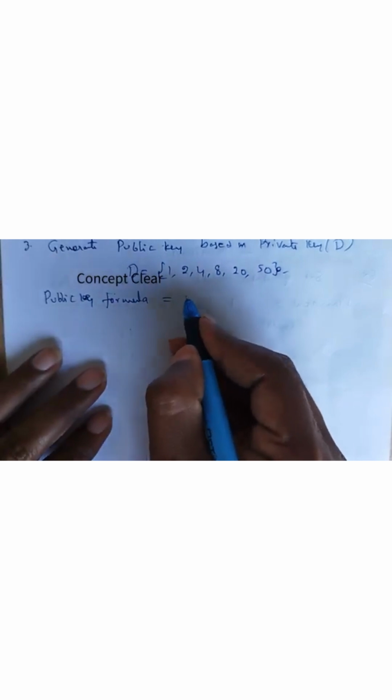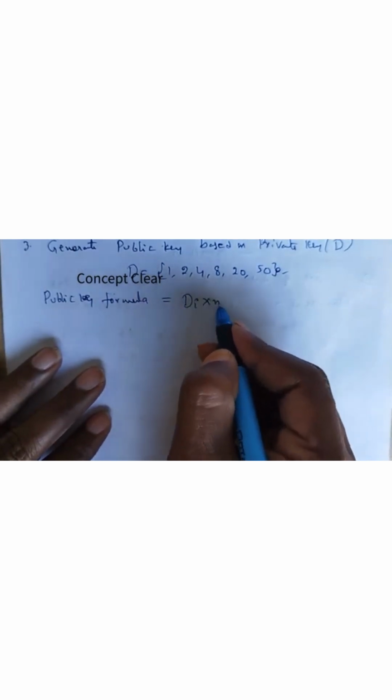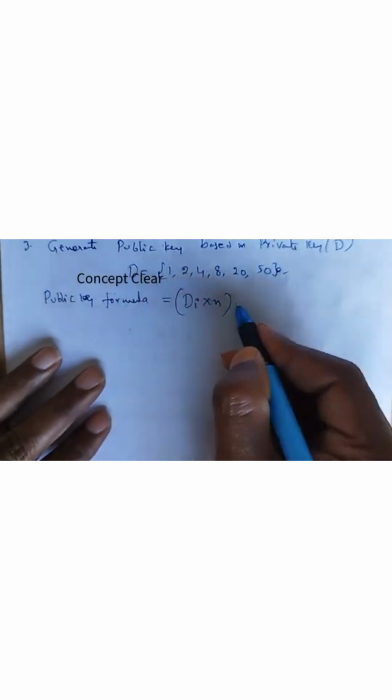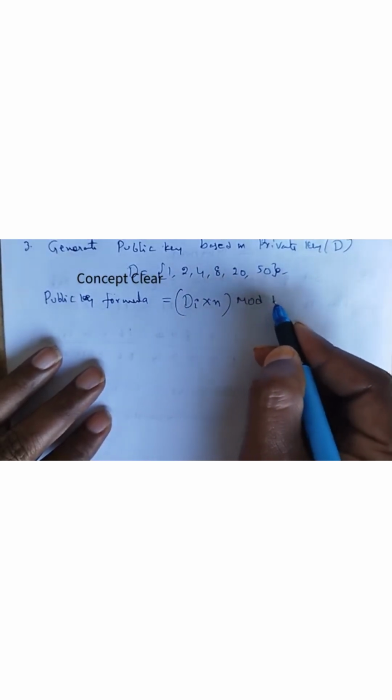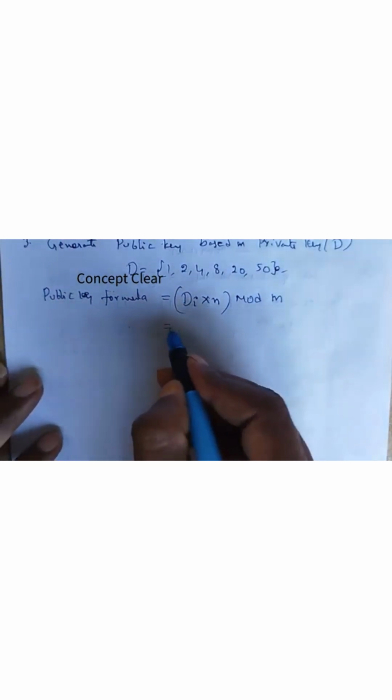Public key formula is di into n mod m. What does di mean? Di means these are all the values. For the first time, the first value, second time, second value, like that we have to consider.